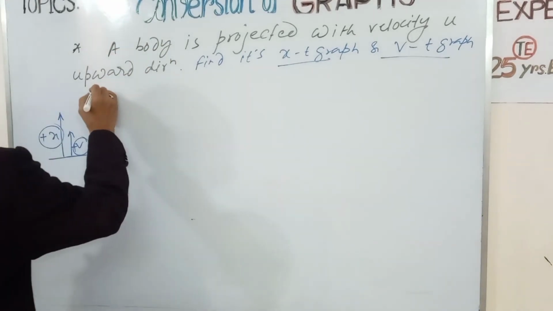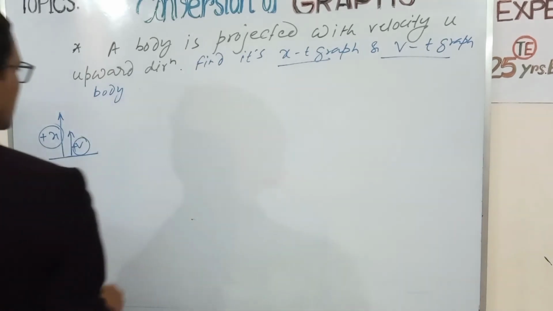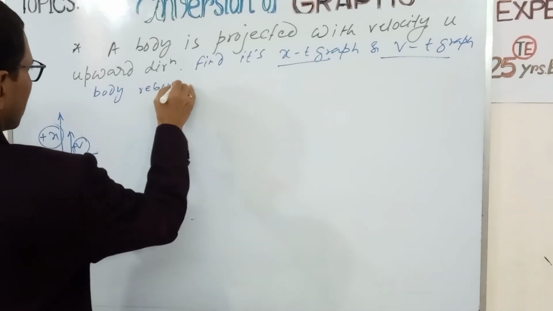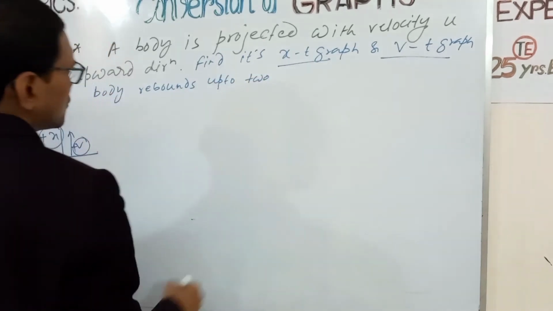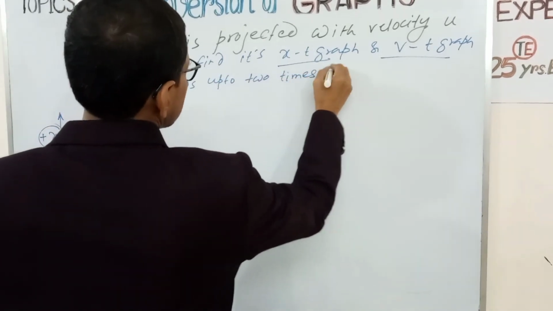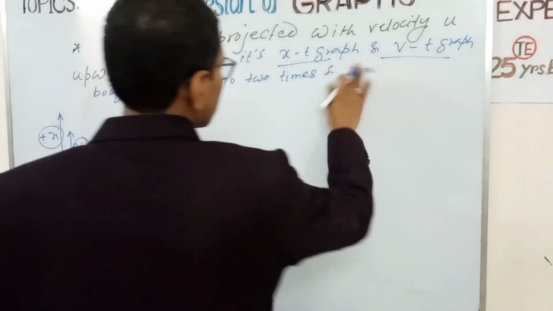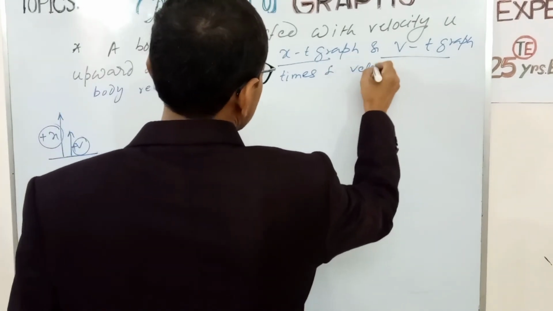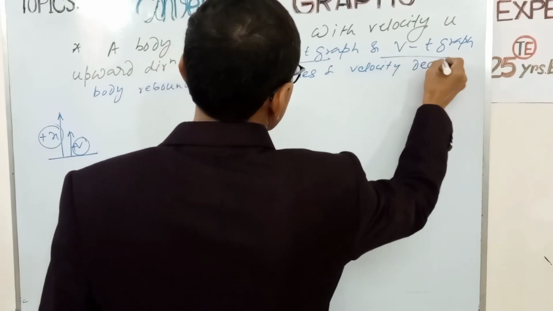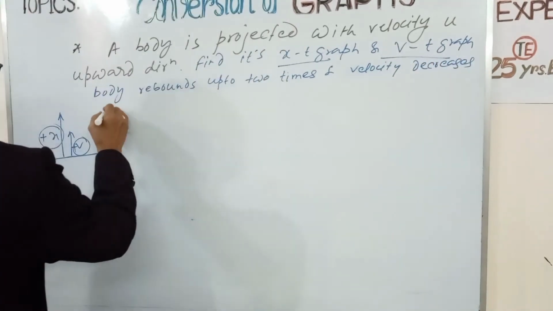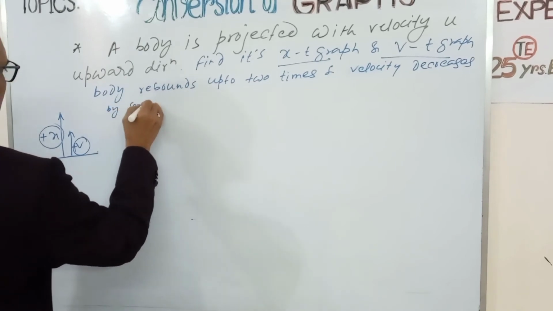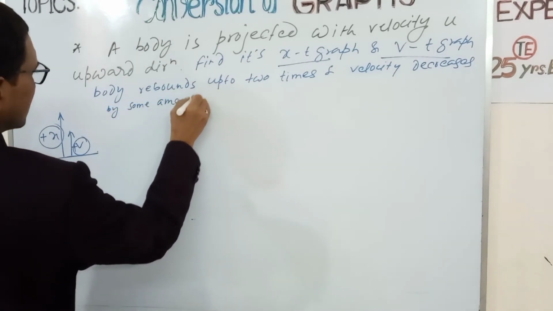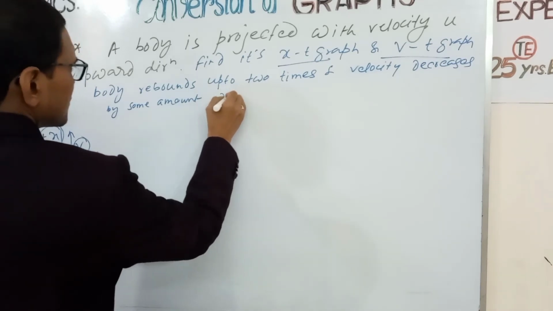The body rebounds up to 2 times, and the velocity decreases by some amount when it strikes the ground.